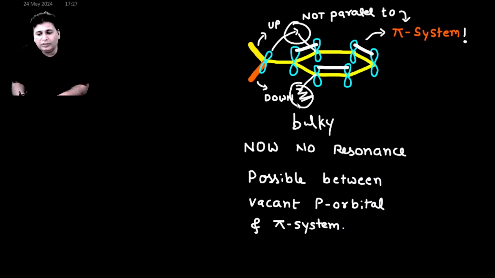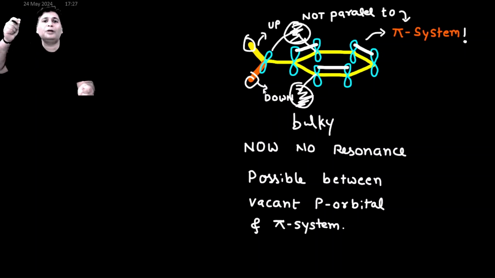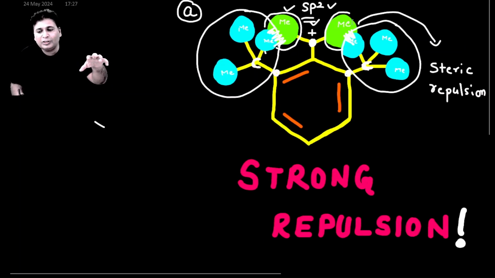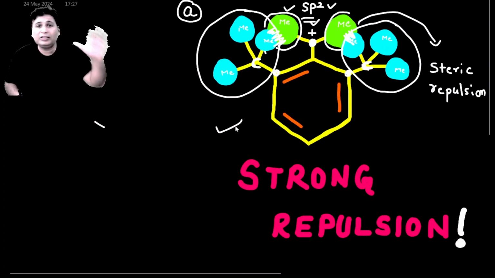As you attach these bulky groups, to avoid the repulsion, these two groups become perpendicular to the plane of the benzene ring, because if they try to remain in the same plane, there will be a severe repulsion between the groups attached to the carbocation, the 2-methyl, as we have already seen in this diagram. Such a situation will come, and it does not want that situation because the repulsion is heavy.